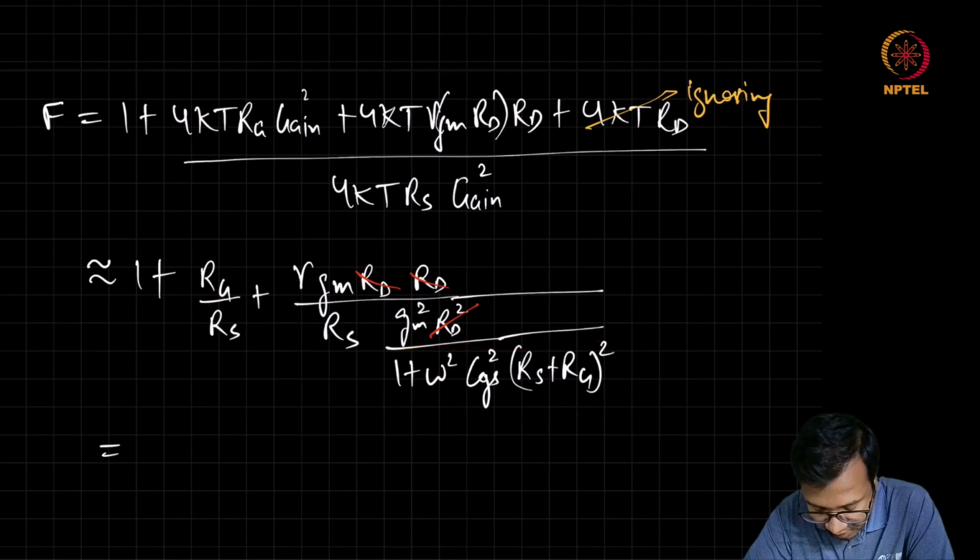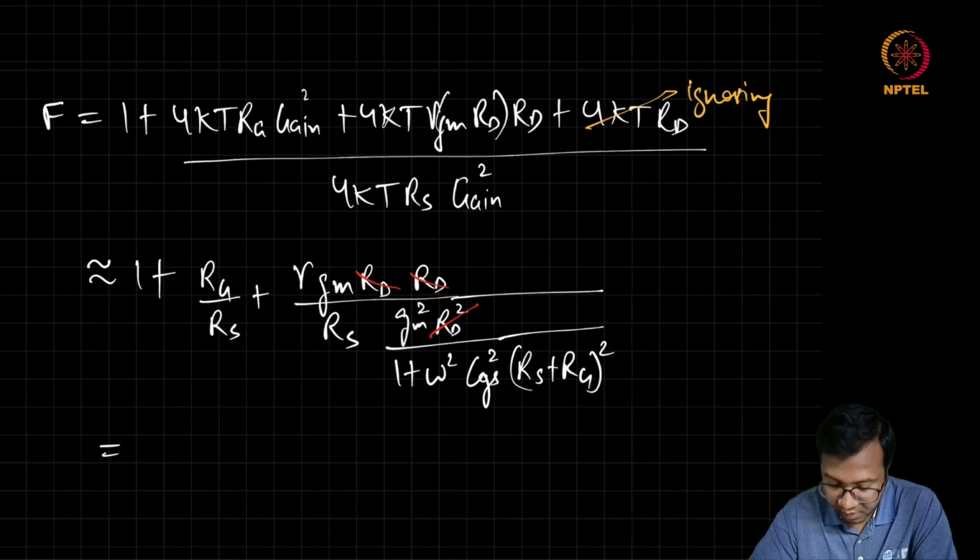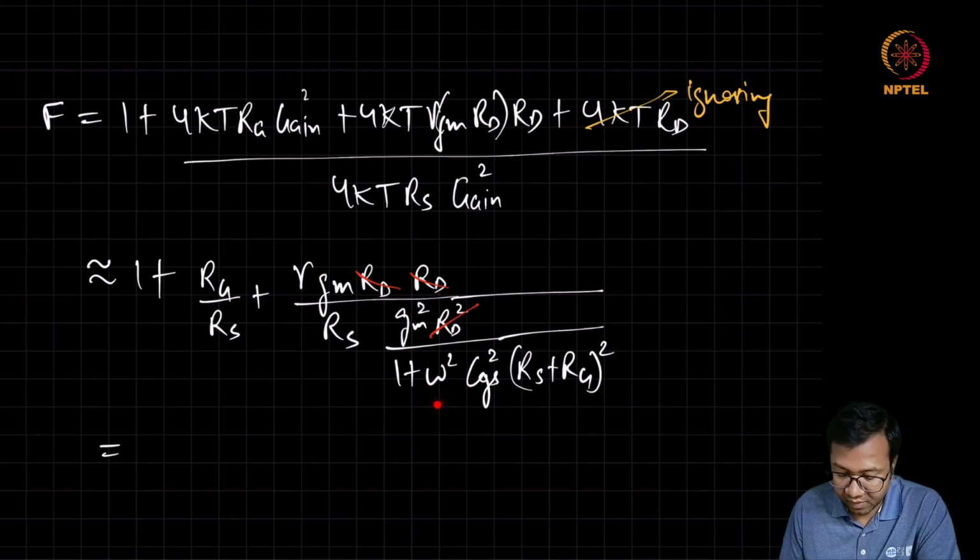Since we are operating at a high frequency, we will find that at those frequencies, this omega Cgs Rs plus Rg will be much more than 1 because we will be operating way beyond the pole frequency of this low pass filter at the input. In such a scenario, again, we will ignore this one.